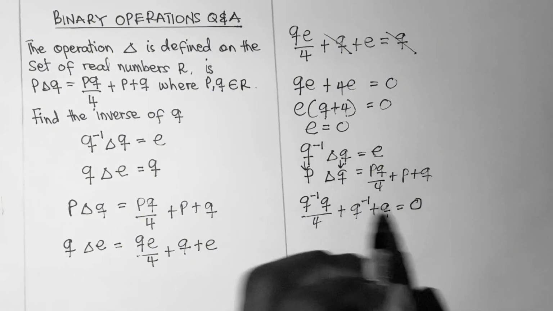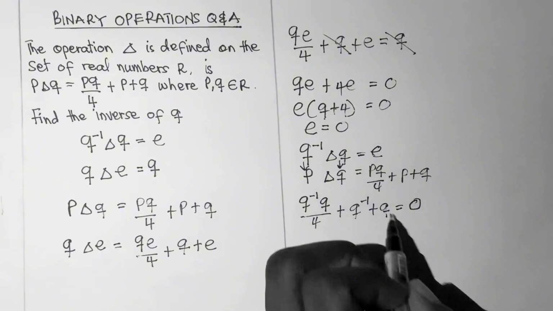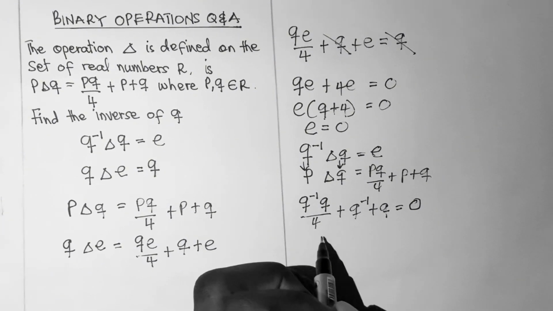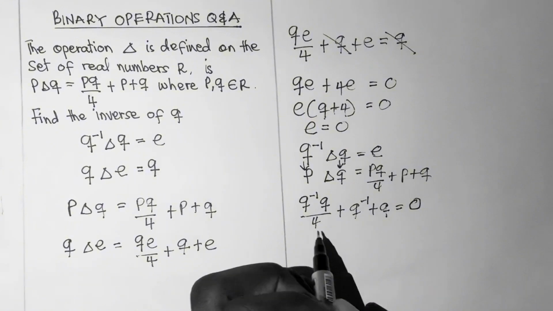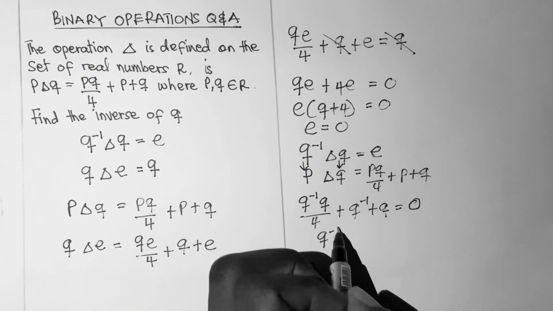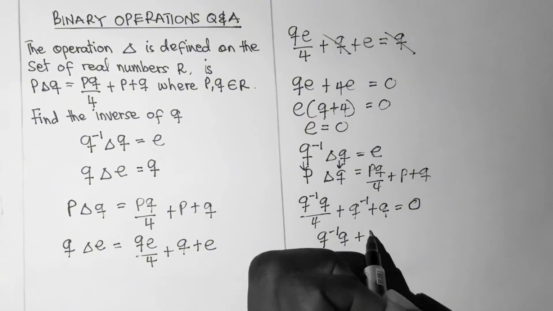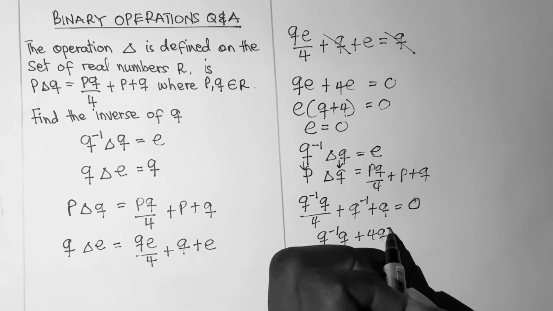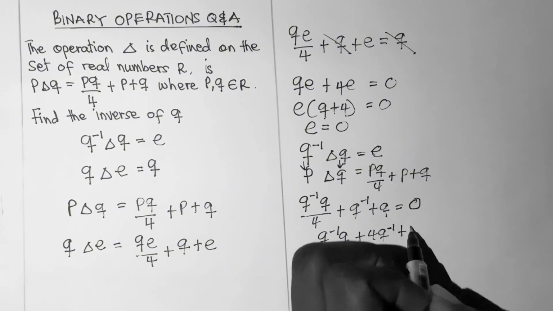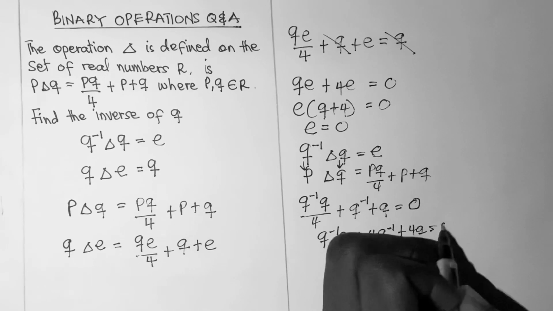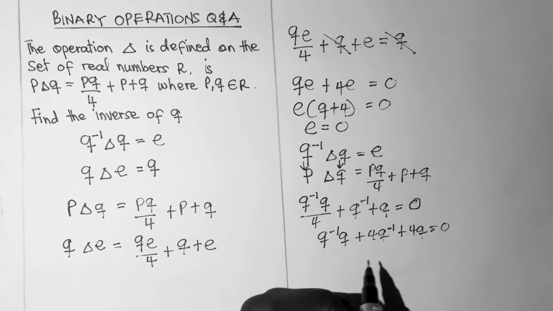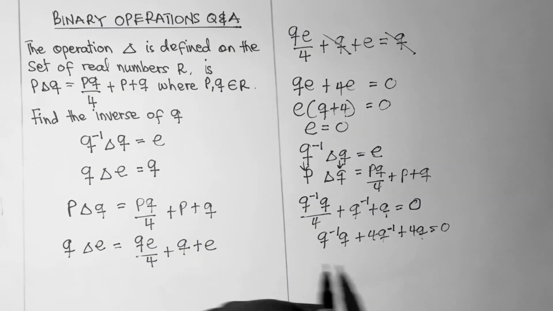So we are looking for Q inverse. Let's bring Q to the other side. However, let's multiply by 4. So you see that Q inverse times Q plus 4Q inverse plus 4Q is equal to 0. So let's take this 4Q to the right hand side.